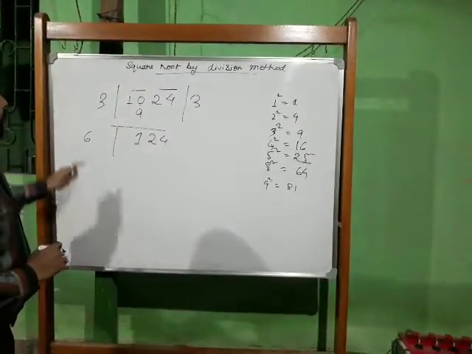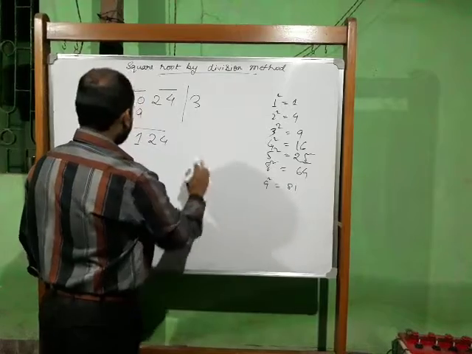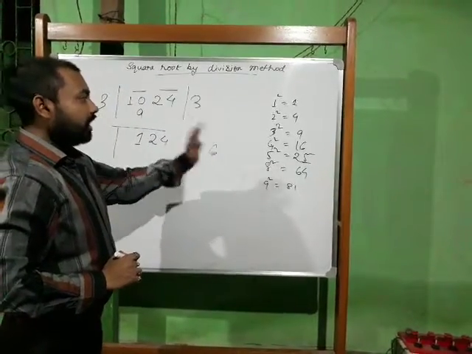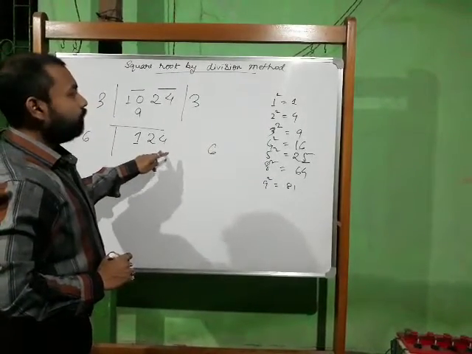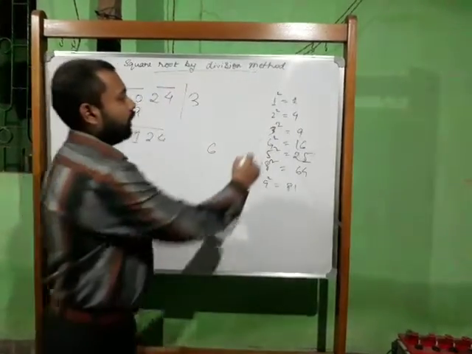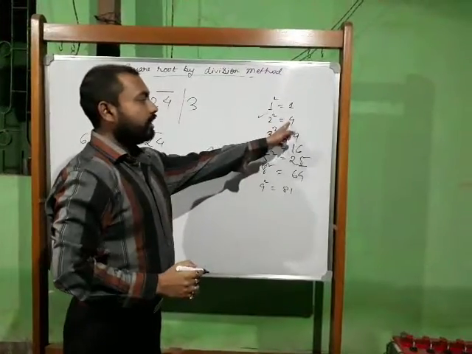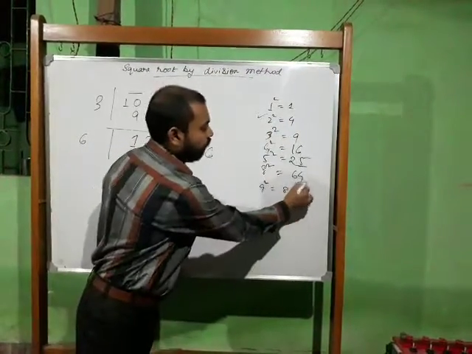Now you recall what I told in the last example: we have to take a number such that if we multiply with the same number, the unit digit should be 4. Now see the squares of natural numbers: 2 square, unit digit is 4. Again 8 square, unit digit is 4.